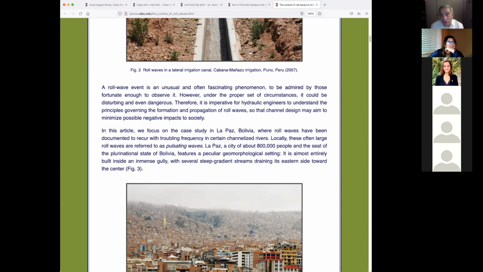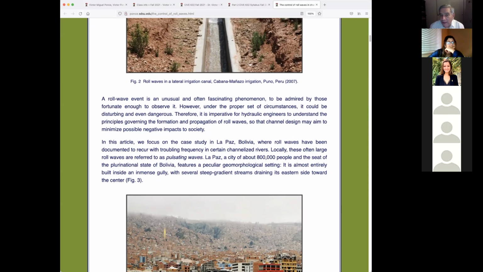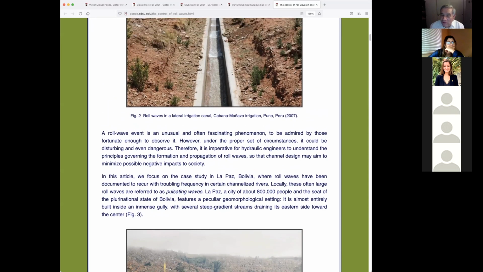However, sometimes it could be dangerous, if they're large. Now, Montuori said in his paper that he didn't think the roll waves could be large because when the depth increases, the mechanics is such that it has a tendency not to develop. However, we have seen these roll waves in Bolivia on film.